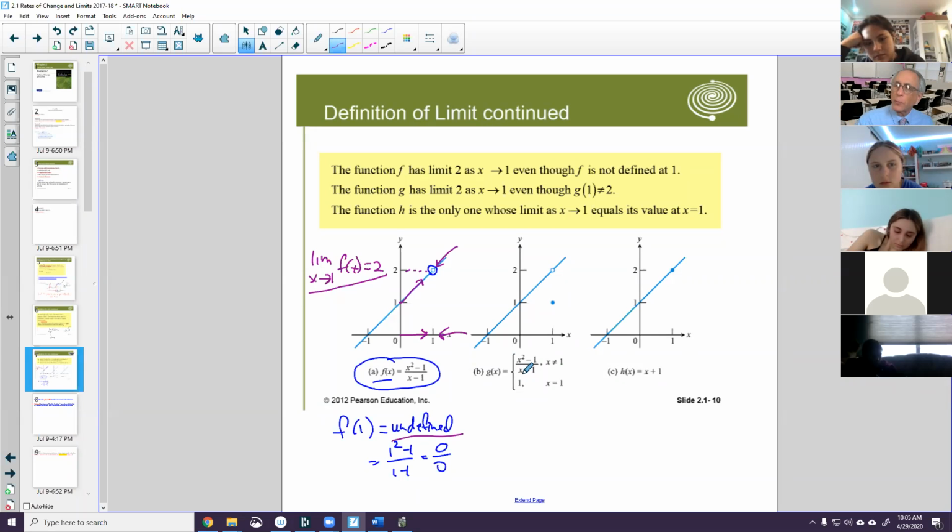Claudia, are you there with Lauren? Yeah, she's here. Okay, Claudia, what kind of a function is this one right here, this g of x? Do you know the answer? You're not muted, Claudia.